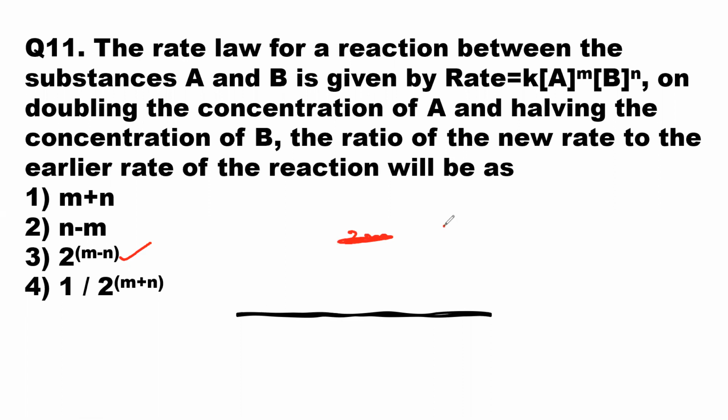Because on doubling the concentration of A and decreasing the concentration of B by half, doubling the concentration of A becomes 2^m, and decreasing the concentration by half means (1/2)^n, that is 2^(-n). So taking them together, 2 power m minus n. So the answer is 2 power m minus n.